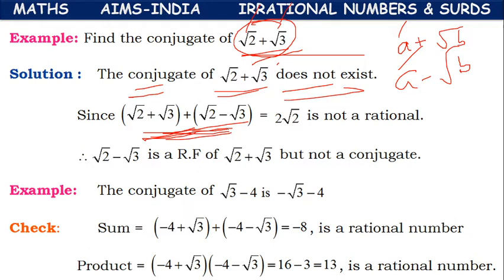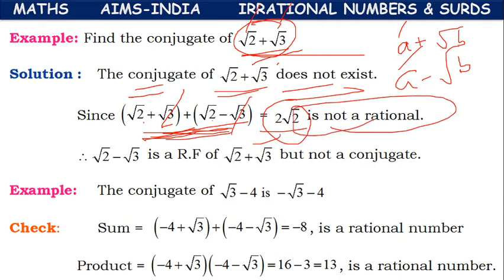If you add them, root 3 gets cancelled, but 2 root 2 is not a rational number, it is a surd. So, here, root 2 minus root 3 is a rationalizing factor of root 2 plus root 3, but not the conjugate.